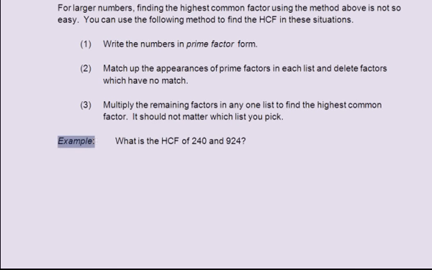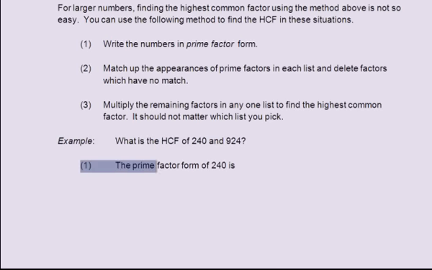Let's try an example. What is the highest common factor of 240 and 924? You may not be able to see the highest common factor of 240 and 924, so we will use the method that we have just discussed.